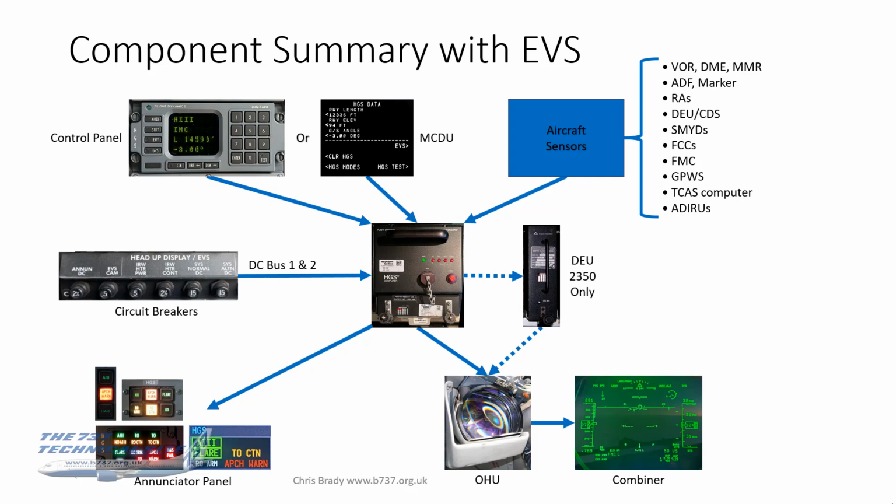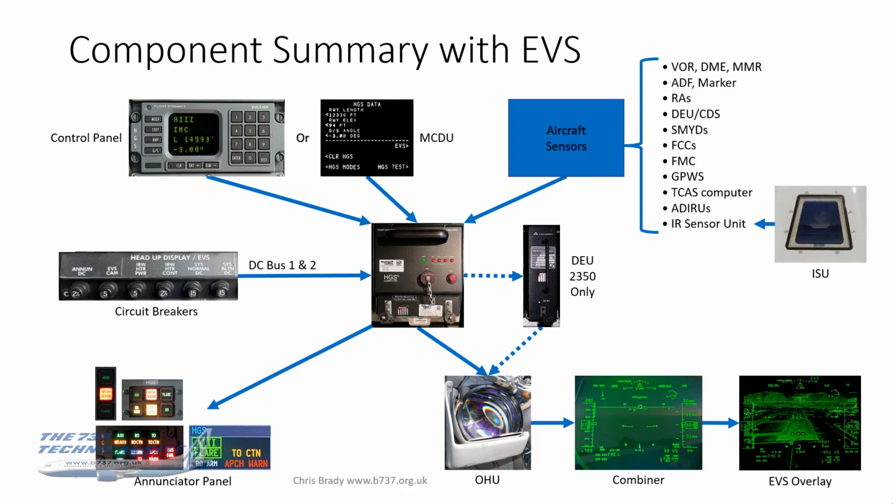But again, they all feed through to the HGS computer for onward distribution. The aircraft sensors now include the IR sensor unit, which is that camera on the nose, on the upper part of the radome, and of course the big thing, we've got the EVS overlay on the combiner. So that's your full component summary with an EVS system.